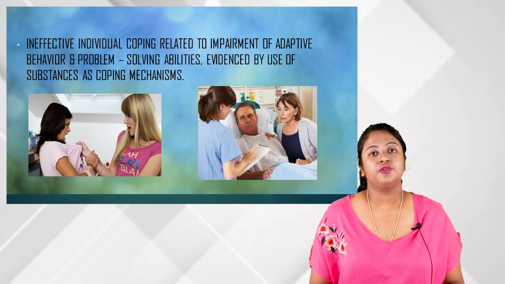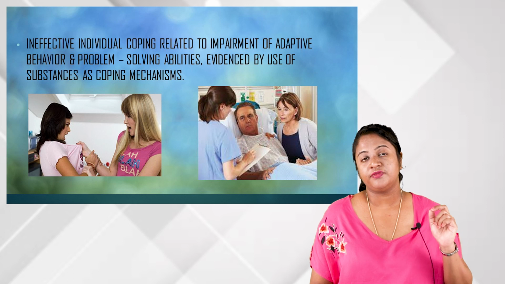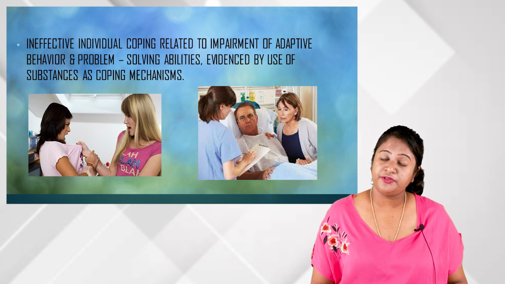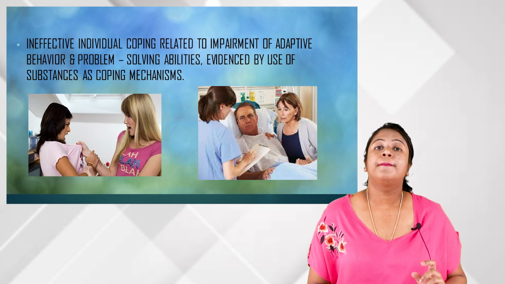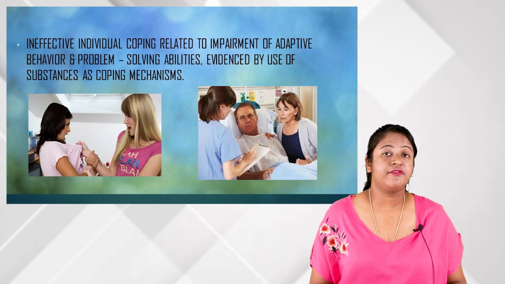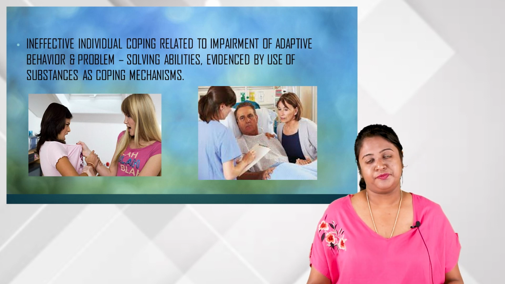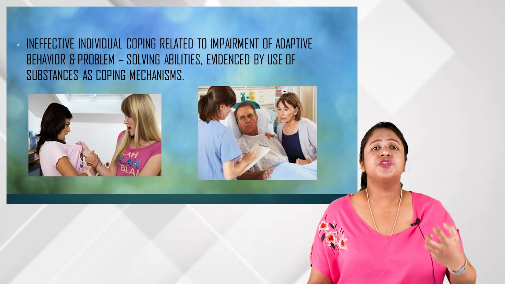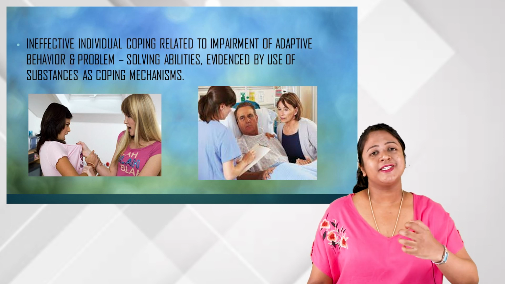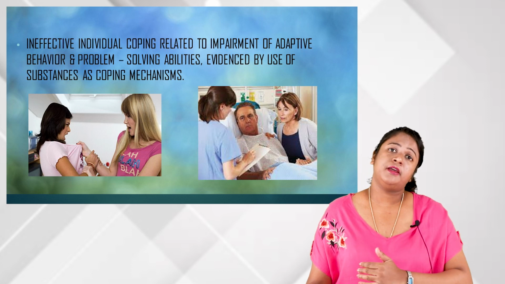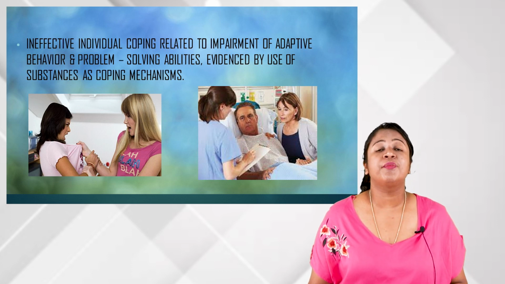The next nursing diagnosis we have is ineffective individual coping related to impairment of adaptive behavior or problem solving ability, as evidenced by use of substance as a coping mechanism, right? So ineffective individual coping to various kinds of problems. Because of the ineffective coping, he may use substance abuse as a coping mechanism.